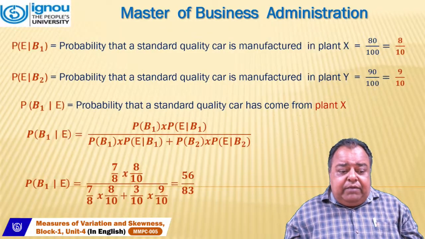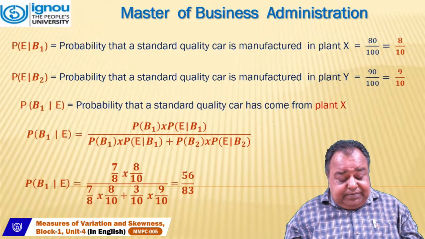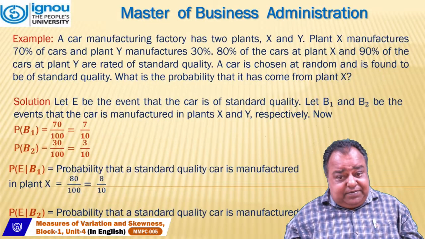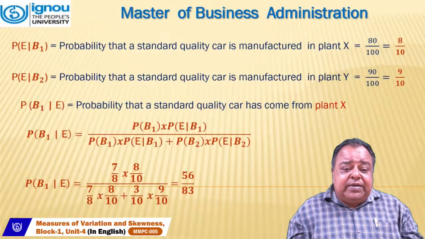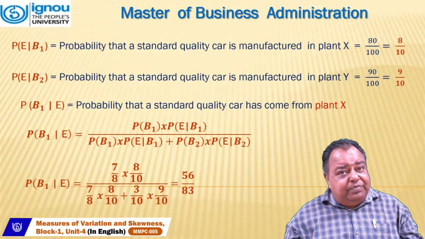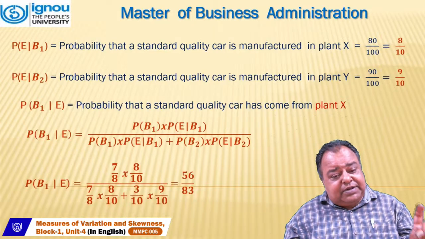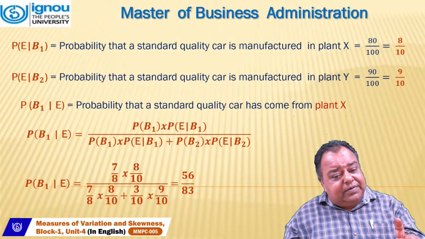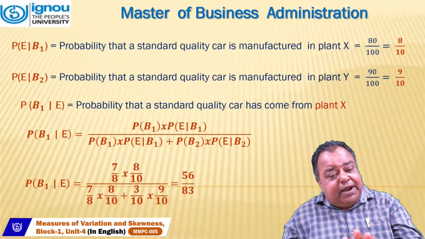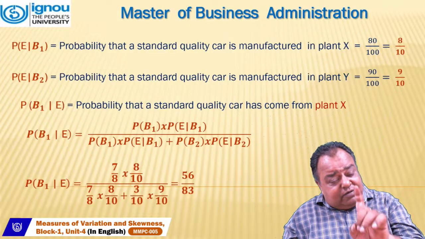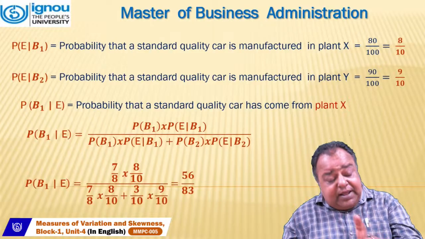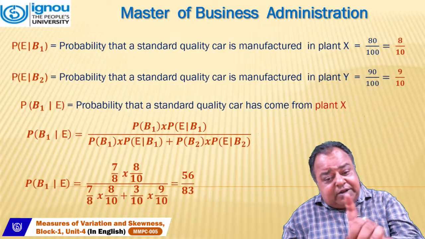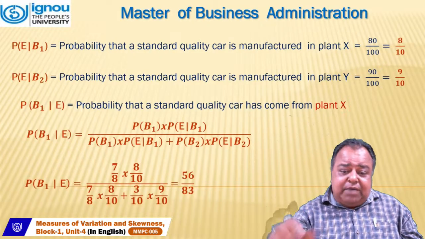Now, we have to evaluate that the car we have chosen has come from plant X. So in the numerator, we will be talking about the probability of plant 1 selection, that is P(B1), multiplied by the probability that the car is of standard quality given plant 1, that is P(E by B1).